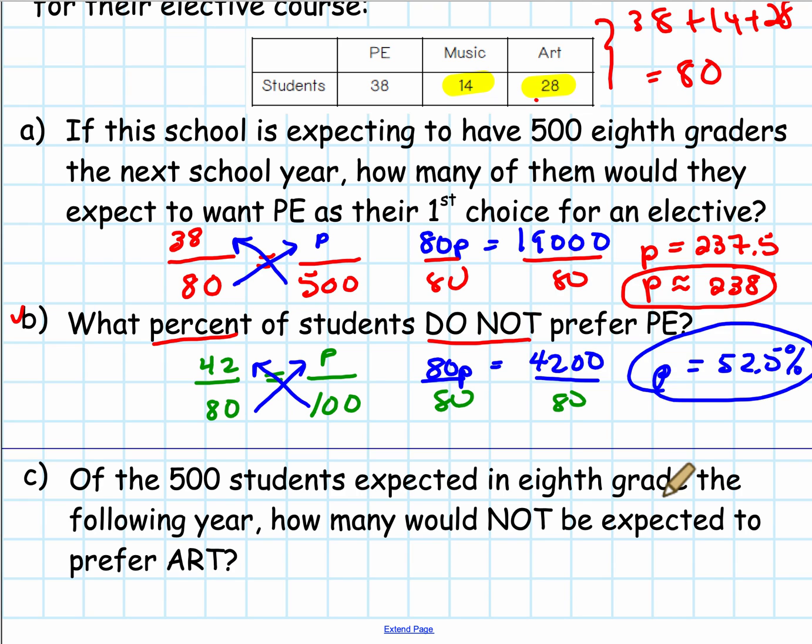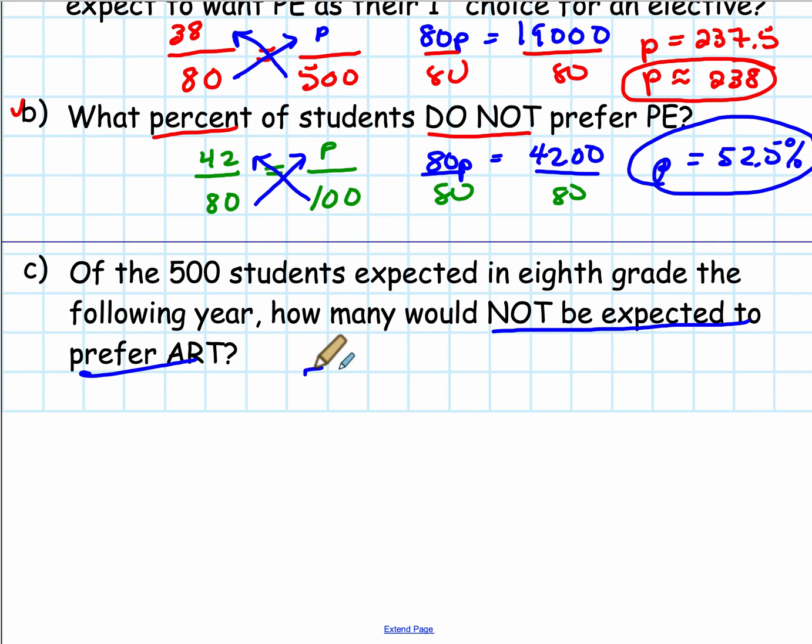Of those 500 students that are expected in 8th grade the following year, how many would not be expected to prefer art? Not taking art means they prefer which electives? That means they're expected to want to take PE or music. PE and music added together make 52. So 52 out of every 80 students in the 8th grade next year would not prefer art.